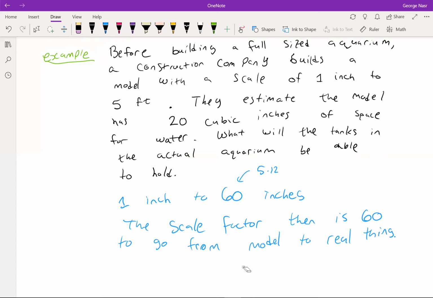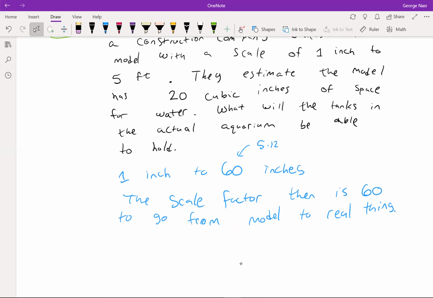So if the little toy model holds 20 cubic inches of water, then we can actually find how much water the real aquarium will hold, because 20 cubic inches is the volume.